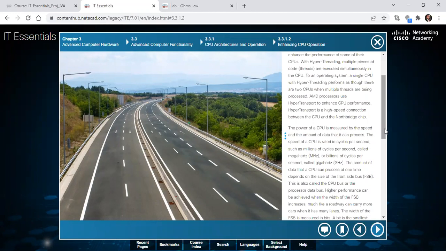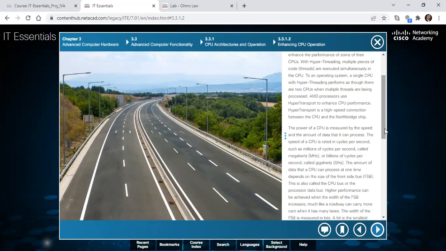It is an operation that takes place in the CPU, the process of data, called megahertz, or billions of cycles per second called gigahertz.